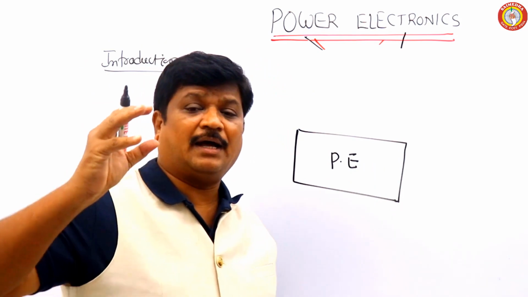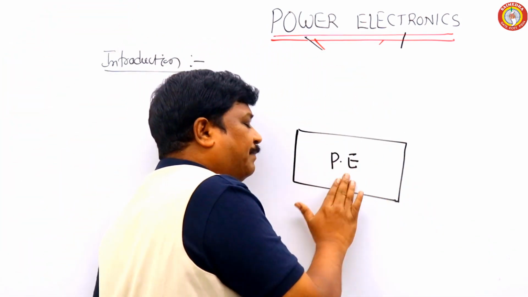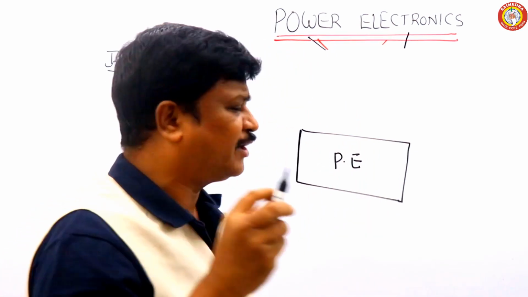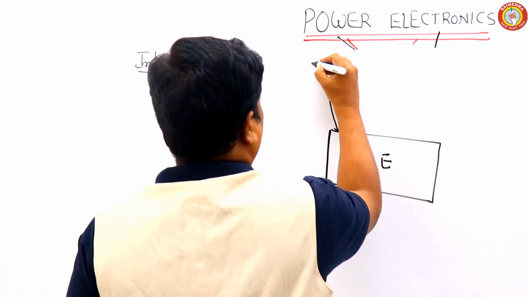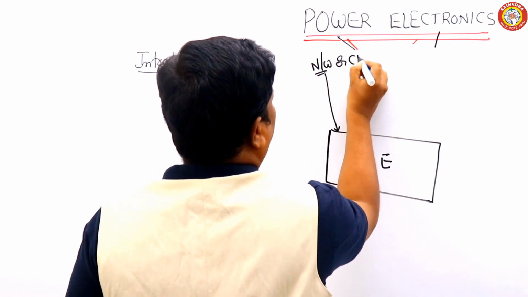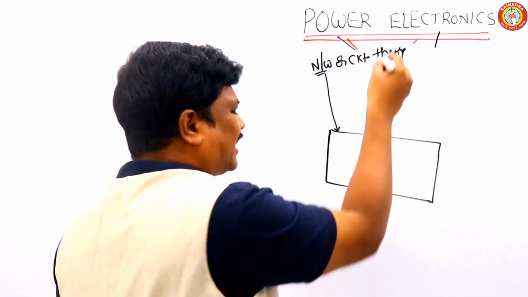Sir, what are the inputs required for the power electronics subject? For example, if you want to understand better, the first and most important one is network analysis, or circuit theory, or electrical circuits, something like that.